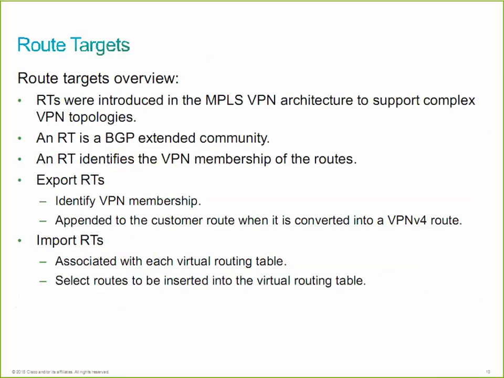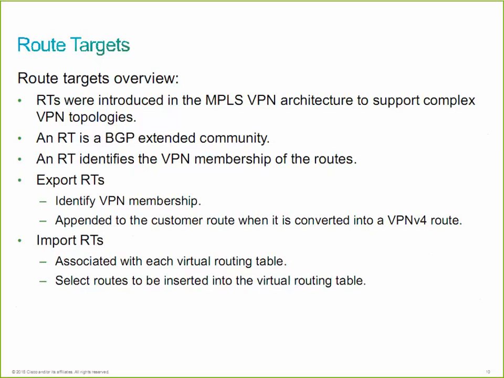If the only thing that I had available to me was a route distinguisher to distinguish between routes and where those routes exist and where they're supposed to be populated, it would be very difficult to achieve a more complex VPN scenario where I want to participate in more than one VPN.